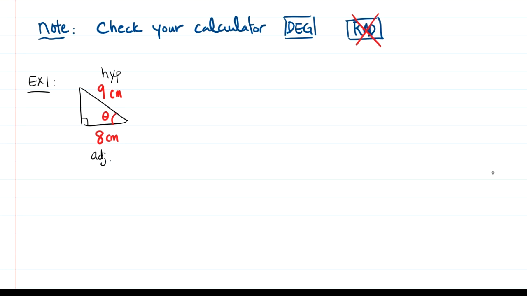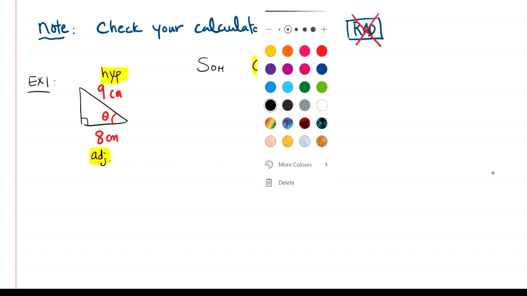So we're going to use hypotenuse and adjacent. If you remember SOHCAHTOA, let's write that over here. Which ratio contains the hypotenuse and the adjacent? Cosine. So we're going to use cosine to find the angle theta.